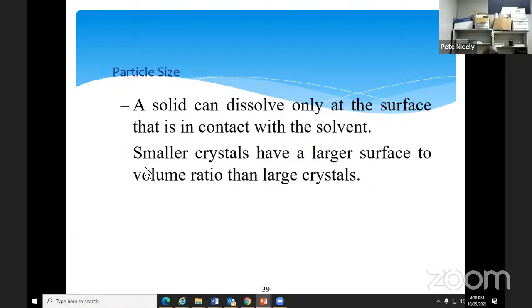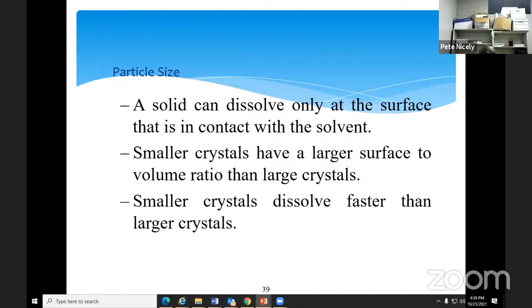Smaller crystals have a larger surface to volume ratio compared to larger crystals. So for smaller crystals, the area of contact between the surface and the solvent is greater. As a result, smaller crystals will dissolve faster than larger crystals.